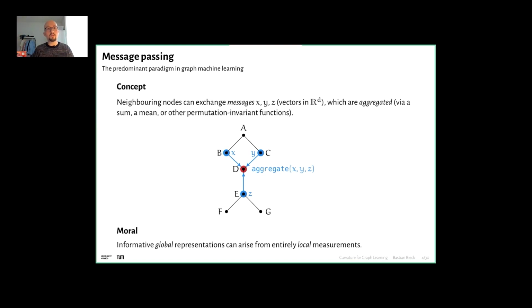We can already form a picture of the graph and form a representation of the graph that is useful to address some of these graph learning tasks. And one of the nicest invariants and nicest concepts in topology I know of, and which is inherently local, is of course curvature. So this is the foundation for this excursion into curvature for graph learning research.